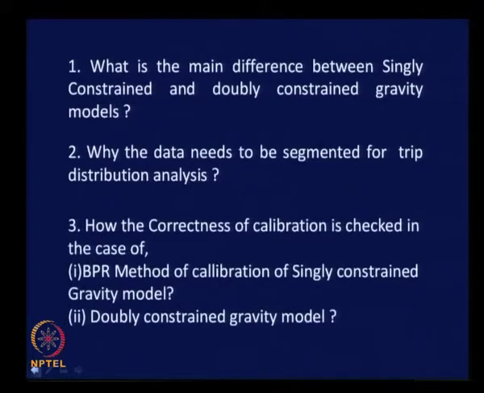Third and the last question is this: how the correctness of the calibration is checked in the case of number 1, BPR method of calibration of singly constrained gravity model. How do we check the correctness of calibration?